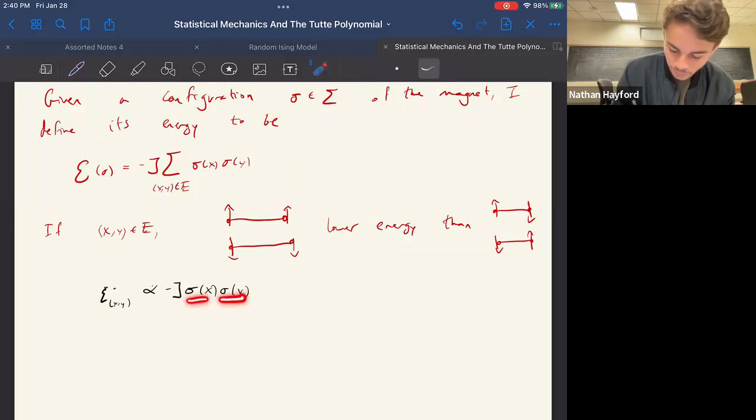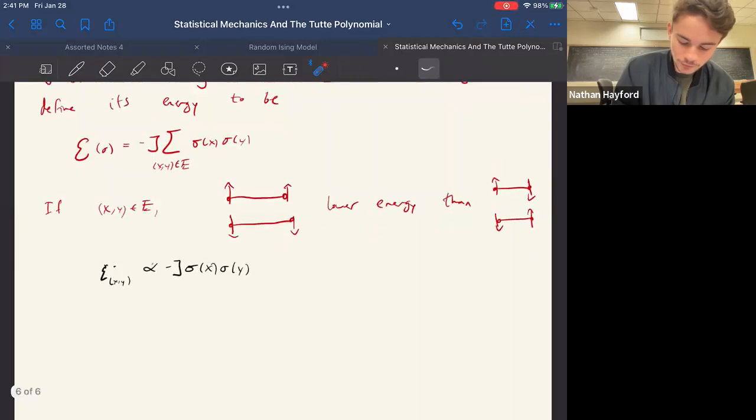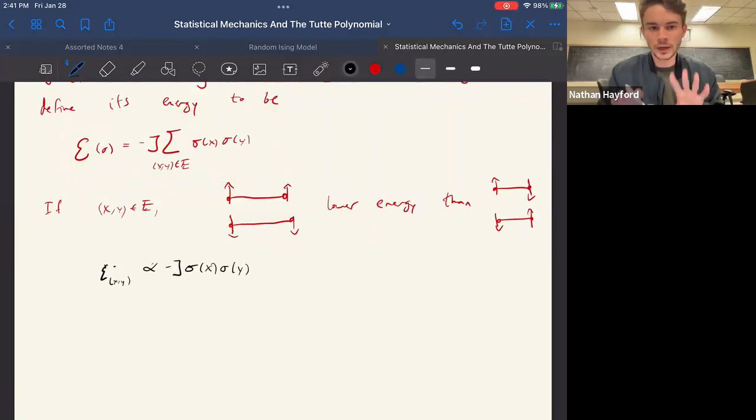If they're both +1 or both -1, the product is positive and the overall number is negative, so the energy is lower. If they're different in sign, the product is negative, and so the energy is bigger. That's the motivation for this definition of the energy. The more misaligned the spins are, the higher the energy is.